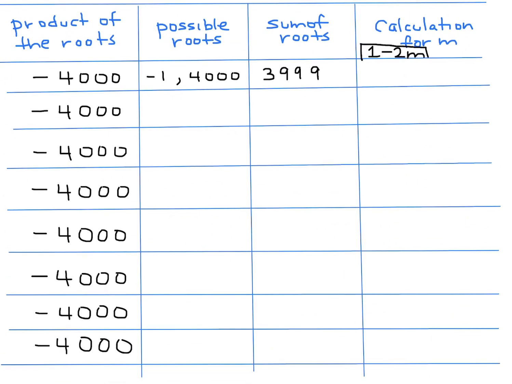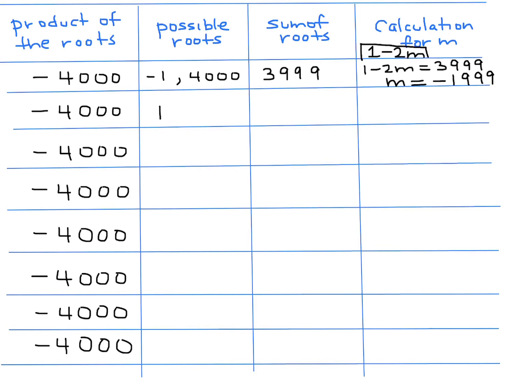So let's calculate. 1 minus 2m in our case is equal to 3,999. Okay? And if you solve for m, you'll get m is equal to negative 1999. All right, so hope you understood how I did that.